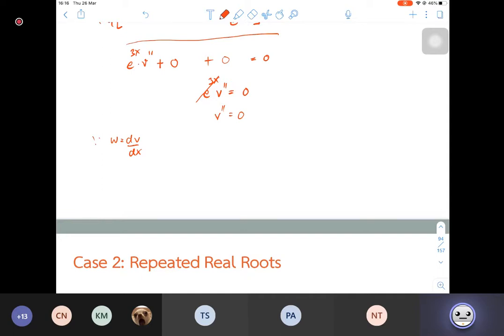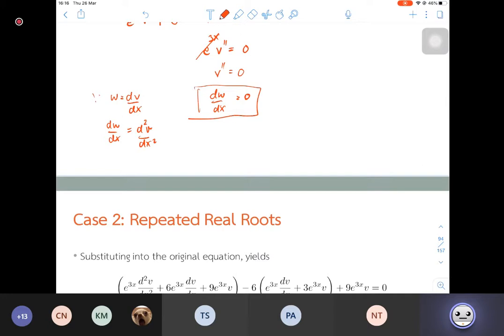So dw by dx is going to be d squared v by dx squared, and this becomes this differential equation.